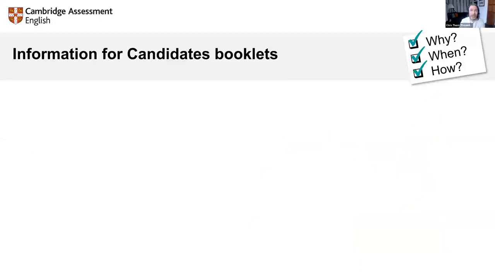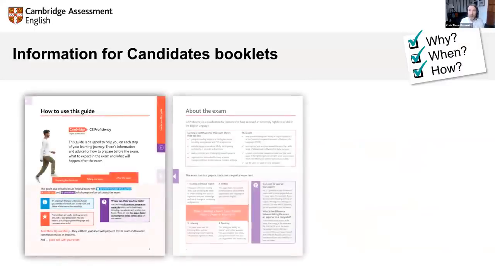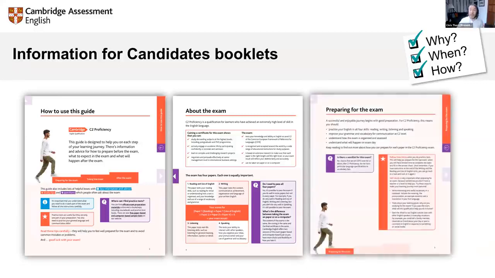So these are the first few pages of the C2 Proficiency booklet. Learners will be dipping into these throughout their preparation course. So you might find the how to use this guide section helpful at the beginning, so they can orientate themselves within it and they know what they can find and where.